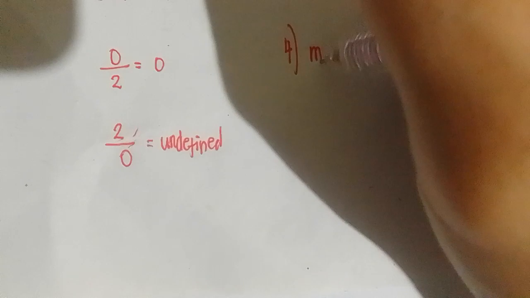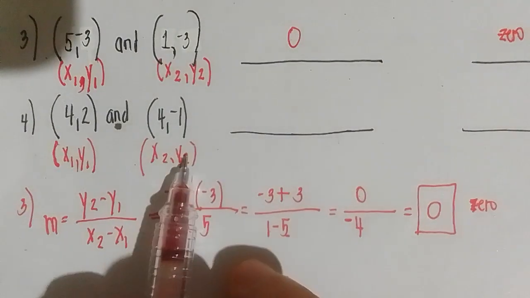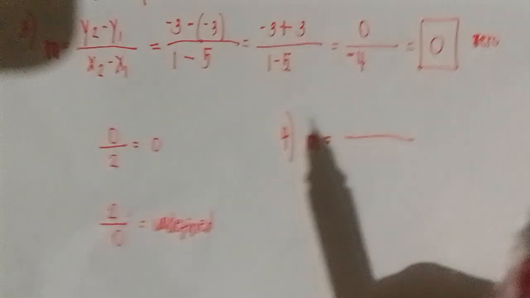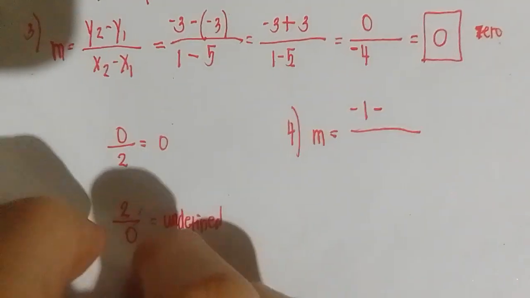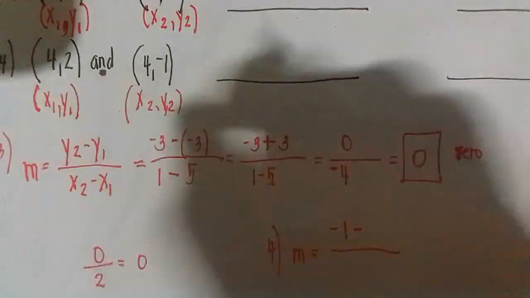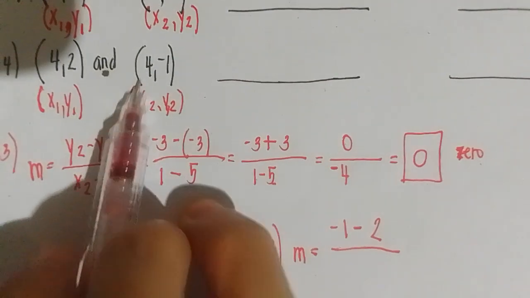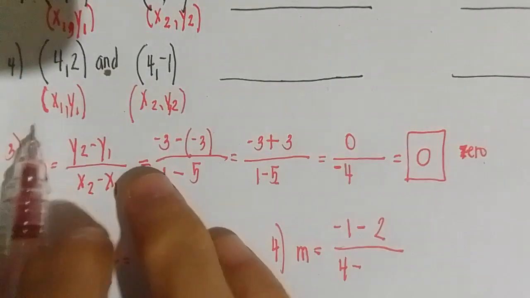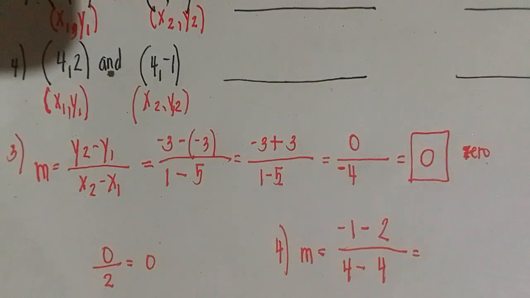Number 4, m is equal to y sub 2. Y sub 2 here is negative 1. So, write negative 1 minus y sub 1. Y sub 1 is here, which is positive 2. So, 2 over x sub 2 here, which is 4. Minus x sub 1, which is also 4, equals.